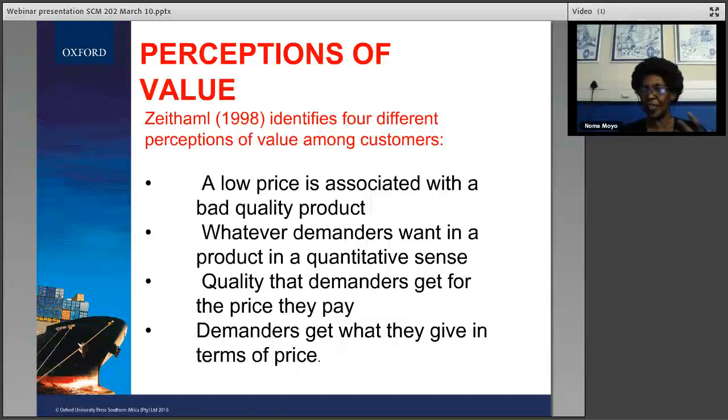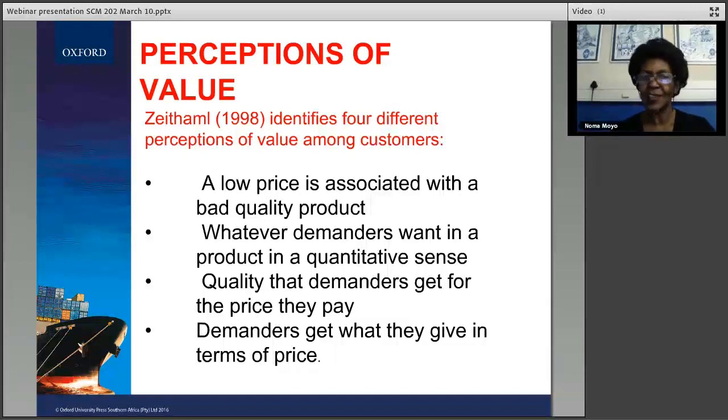Perceptions of value. Please get to know the perceptions of value. We have different perceptions of value, and Zeithaml, 1998, identifies four of them. Let me go through the four different perceptions. The first one is that a low price is associated with a bad quality product.